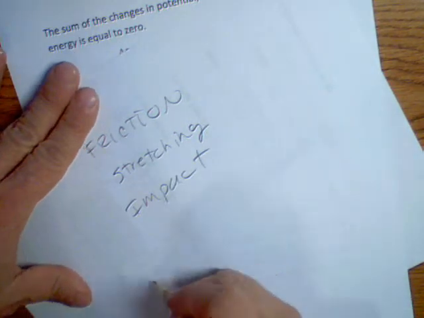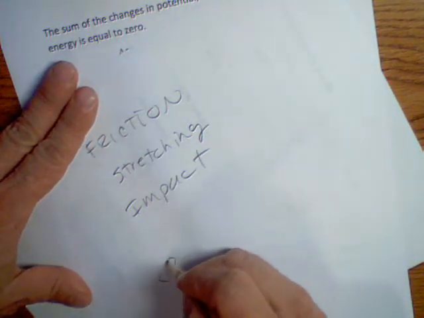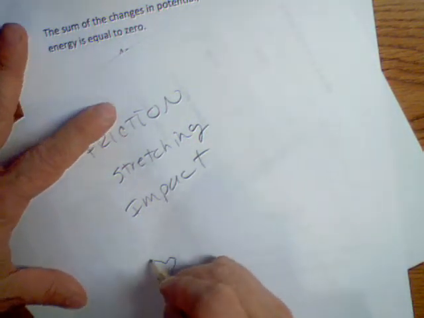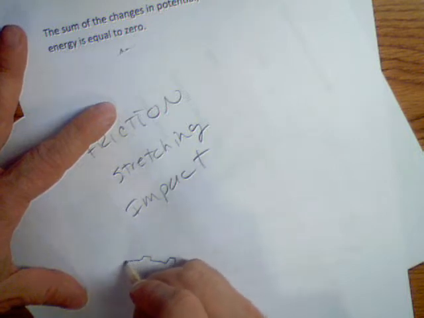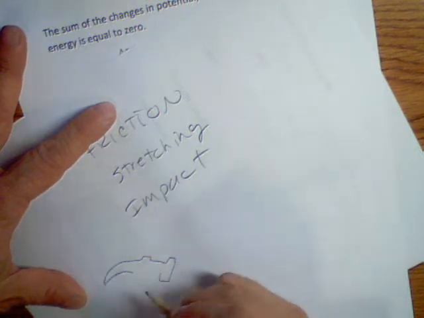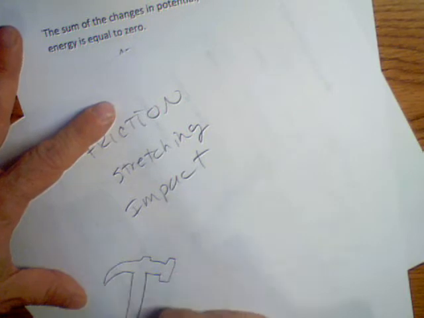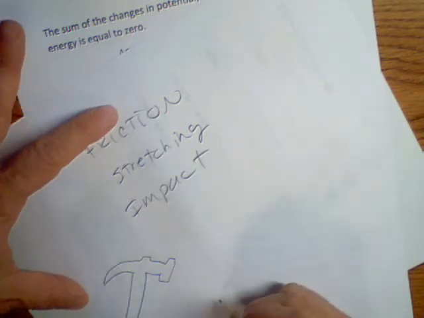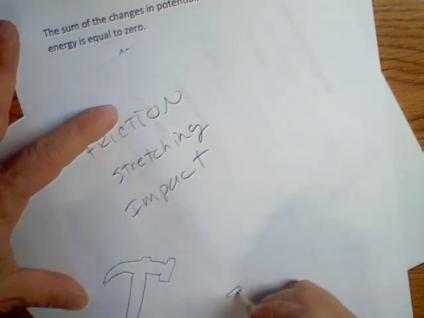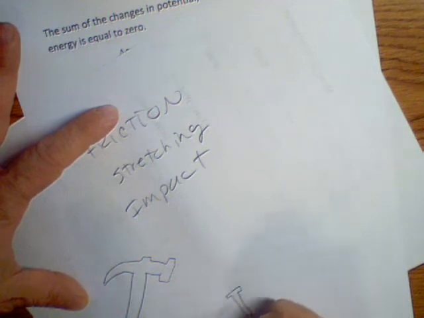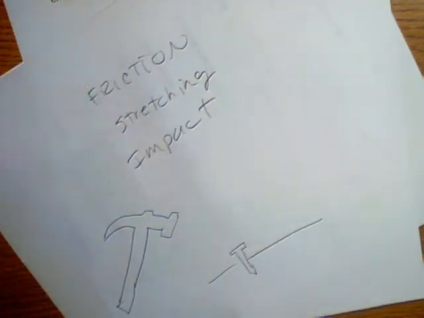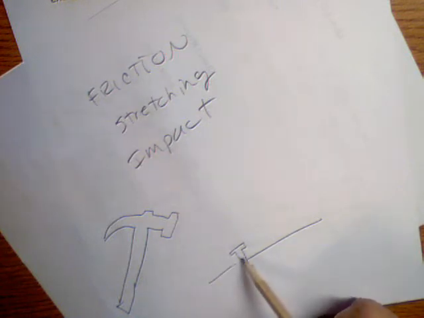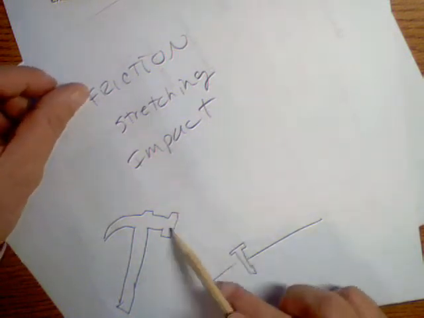So let's say I have a hammer, and I strike a nail, which is in wood. If I strike a nail in wood, we can add energy to the system by friction. I'm hitting it.